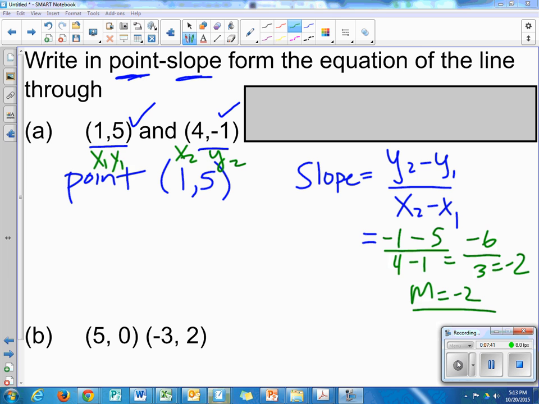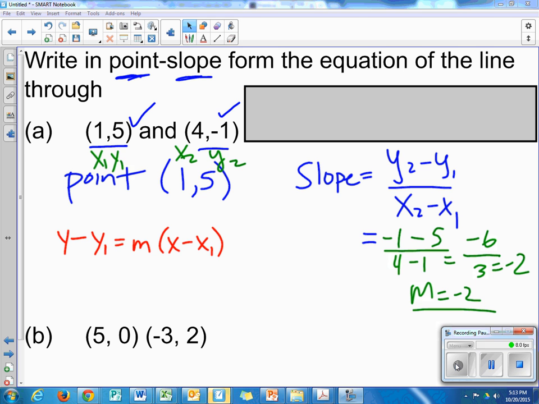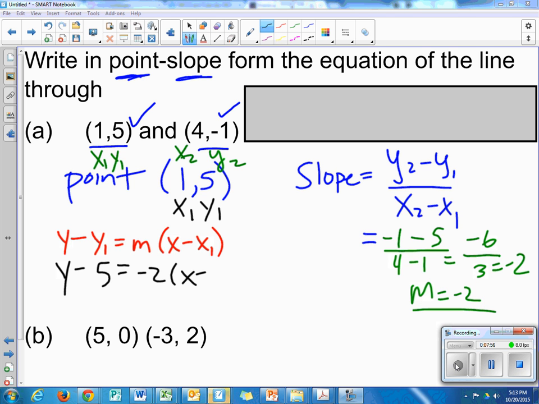With this here, we're going to use the point-slope formula, which is this in front of us here, and all we need to do is substitute. Leave the y alone once again, subtract y1, so now we have y minus 5 equals -2 times (x minus 1), and that's pretty much it. If we want to simplify this, we can.